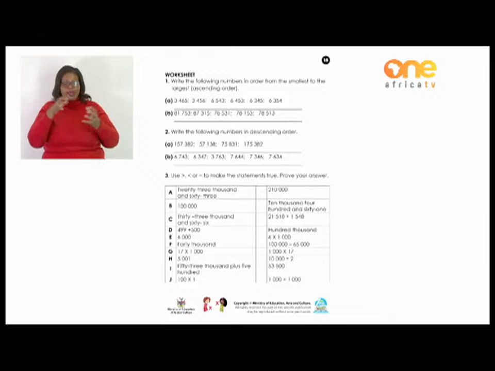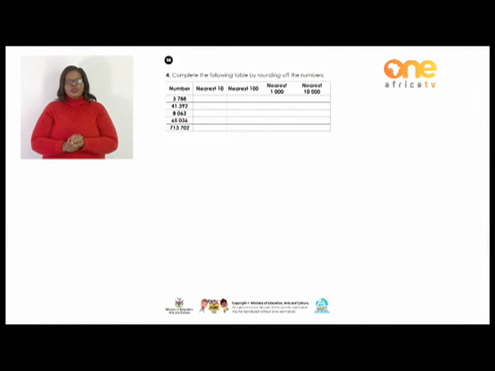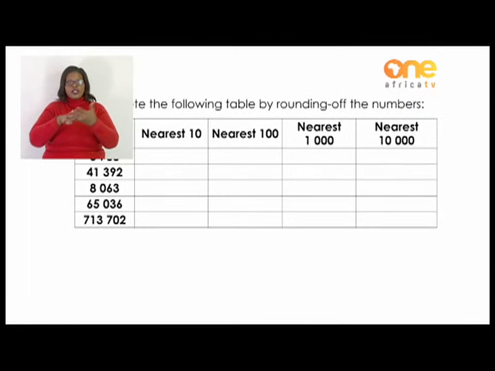Now we have to move to page 16, where number 4 is. We need to complete the following table by rounding off the numbers. You need to round off these numbers.